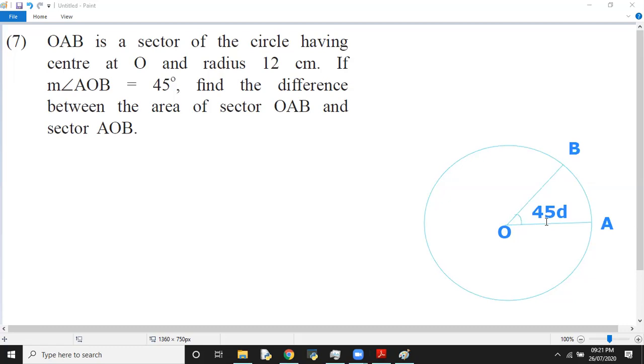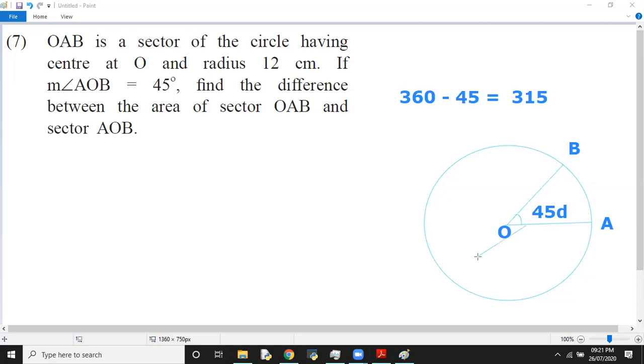360 degree minus 45 degree equal to 315 degree. Sorry, undo. This to this is 315 degree.